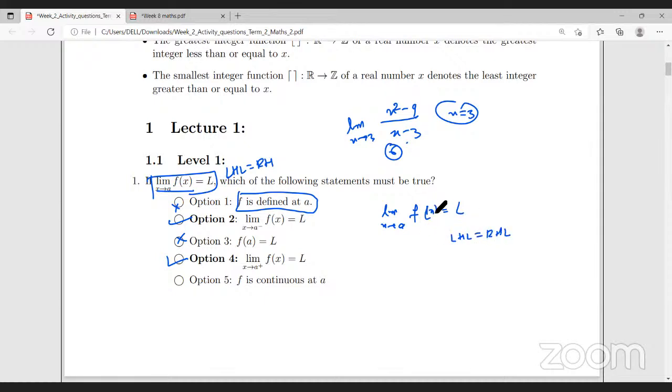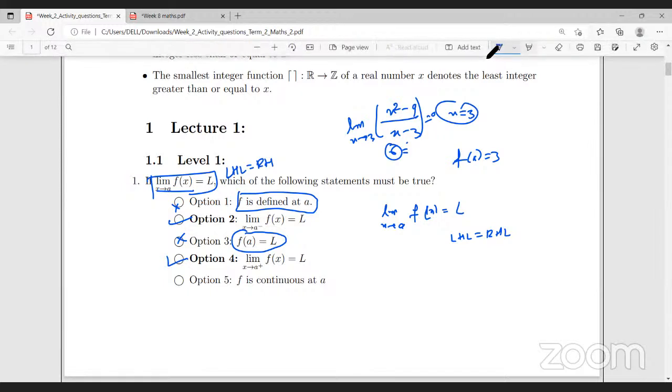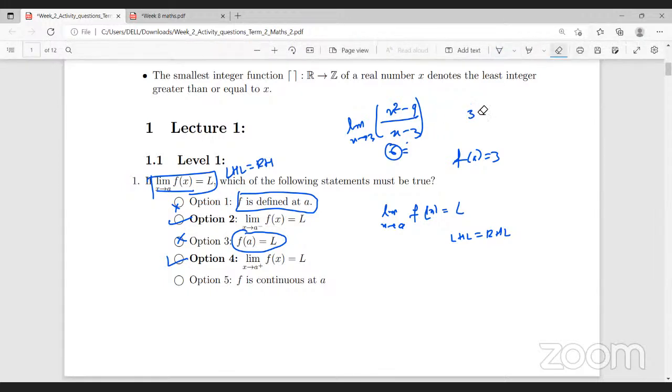This is the only thing I can infer from this. How can you say that f of a equals L? Take the example of this function only. This is f of x, and this is a equals 3. My limit is equal to 6, but f of a equals L? No. f of a does not exist here, because it's not defined at this particular point. So this is also not correct.